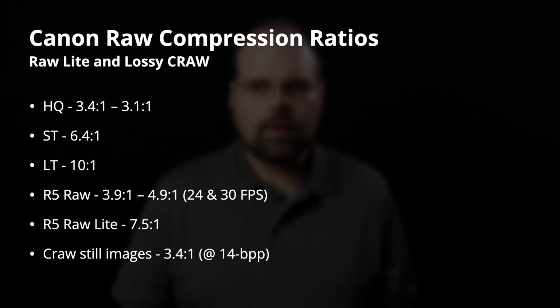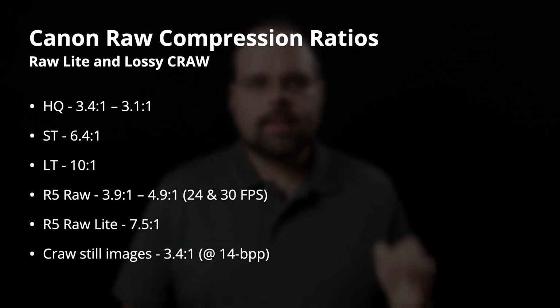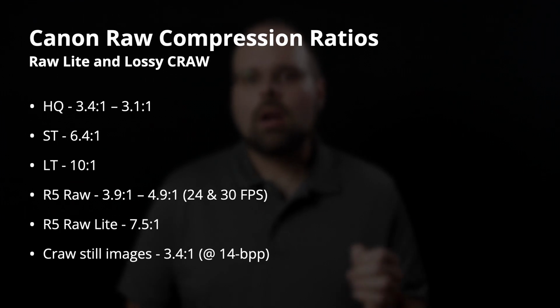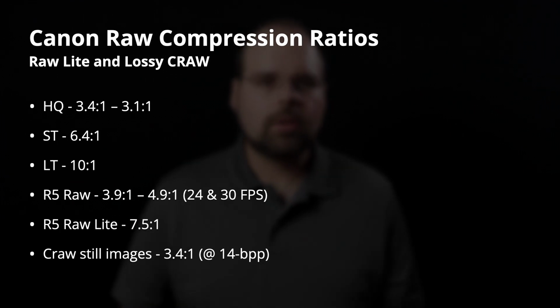Now, finally, if you're interested, and just for the sake of comparison, C-Raw still images are around 3.4 to 1 in terms of compression ratio. This is assuming a 14-bit file. Obviously, C-Raw files can be shot at 12, 13, or 14-bit, depending on whether you're using the electronic shutter, or you're using continuous high plus with a compatible lens.